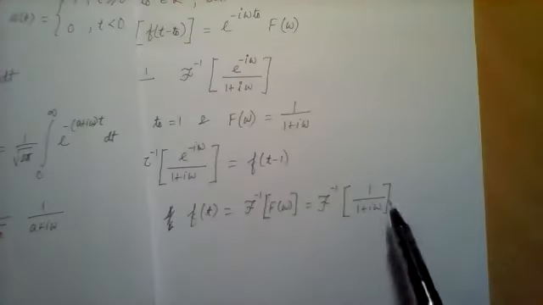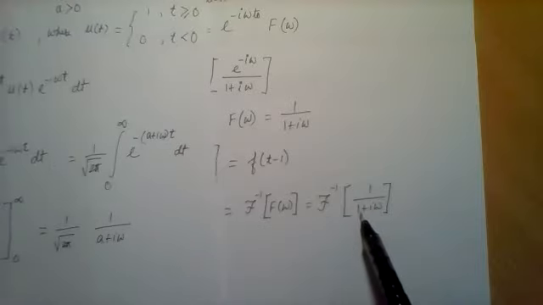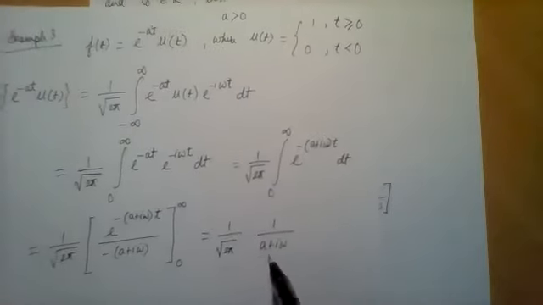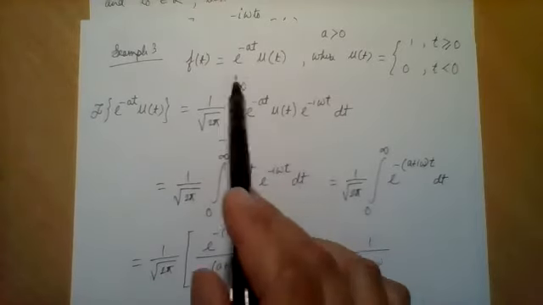So this is 1 by 1 plus I omega, where a is 1. So we are going to use this result.